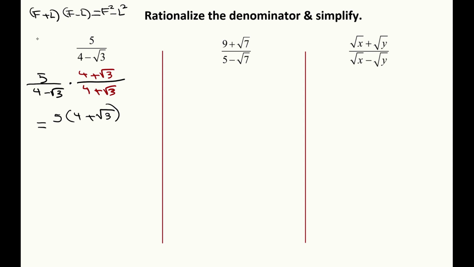So you're going to get F squared, which is 4 squared, minus L squared, which is square root of 3 squared. See now, that's not a radical. And here, once you square that, you get 3. So the radicals are completely gone. So we end up with 5 times 4 plus square root of 3 over 16 minus 3.